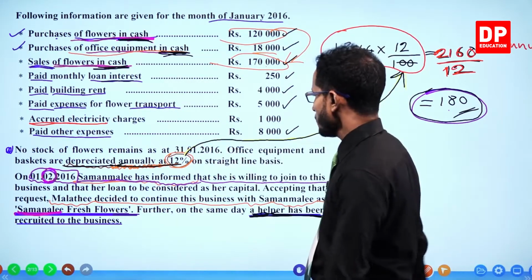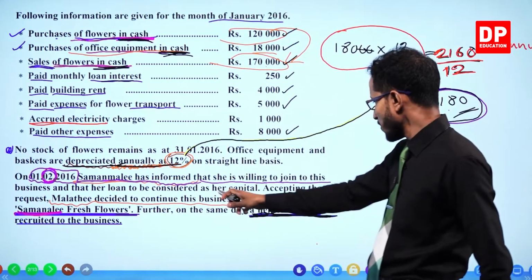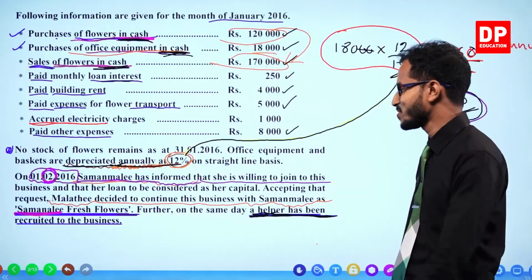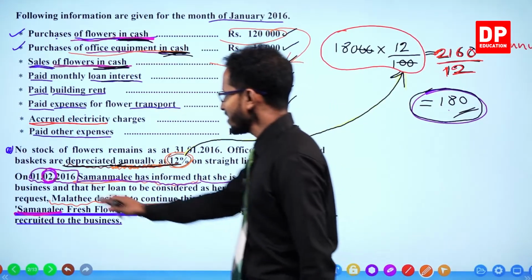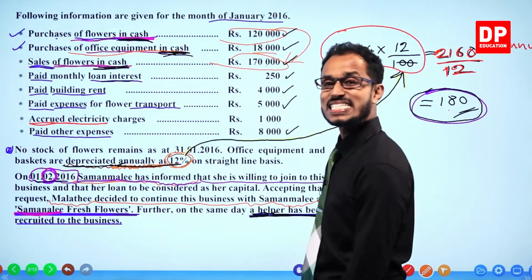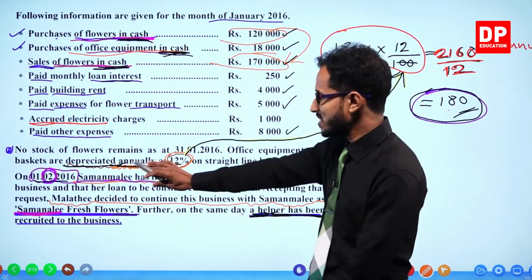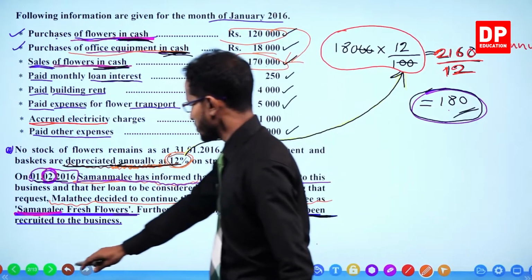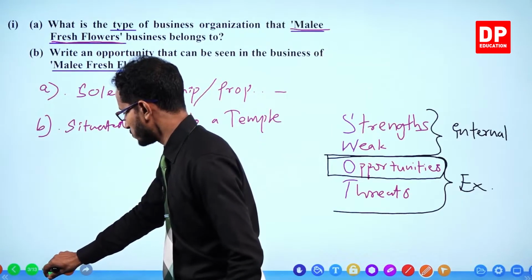Salary is not mentioned because he was recruited in the next month. So don't worry about it. 1st February, all these things happened. Not relevant to us. Question is asking what?